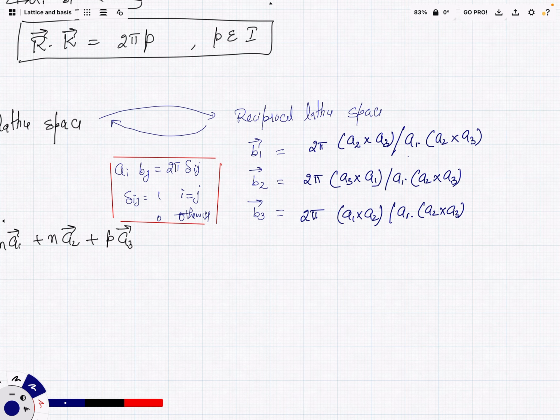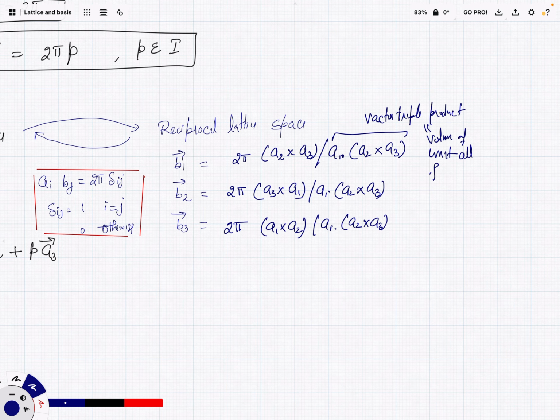You see, this one is the vector triple product, and it gives you the volume of the unit cell formed by the primitive unit vectors in direct space.